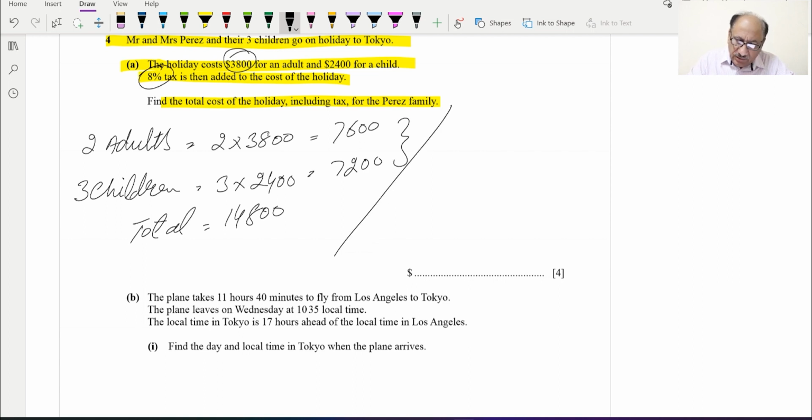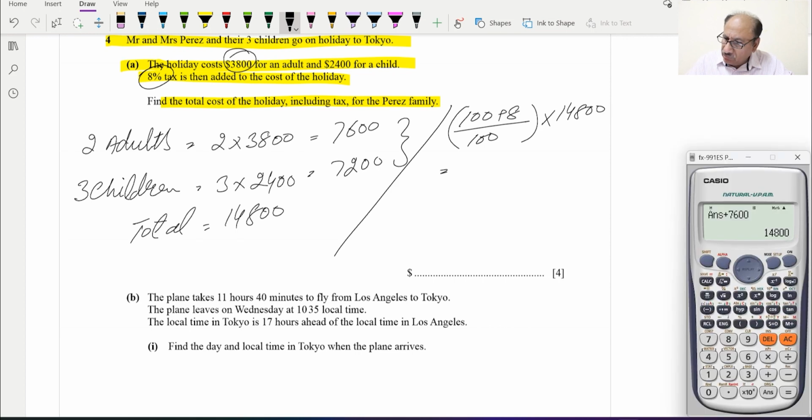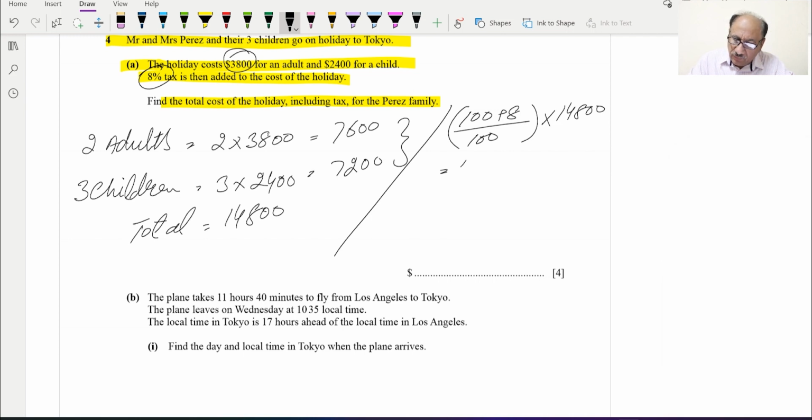So when we apply 8% tax, we can directly calculate 100 plus 8 over 100 multiplied by 14,800, and this will give us $15,984. This will be for 4 marks, which is done.